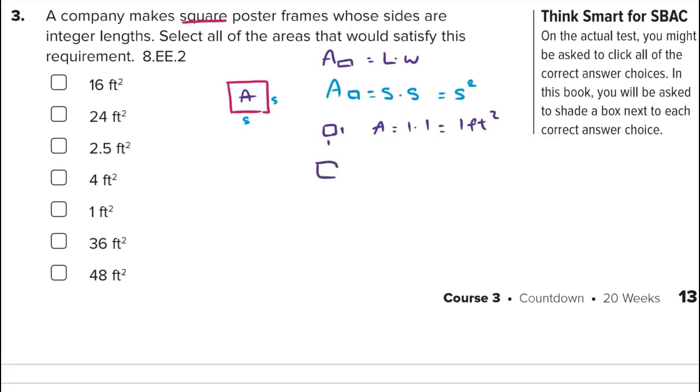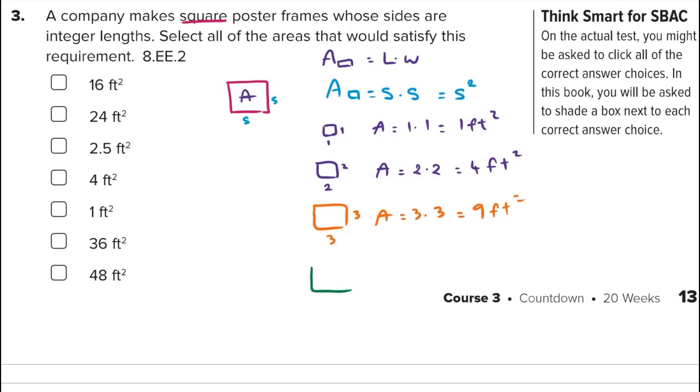If my square has a side length of 2 and 2, the area will be 2 times 2, that will give me 4 feet squared. If my frame has a side length of 3 and 3, the area will be 3 times 3, that would be 9 feet squared.